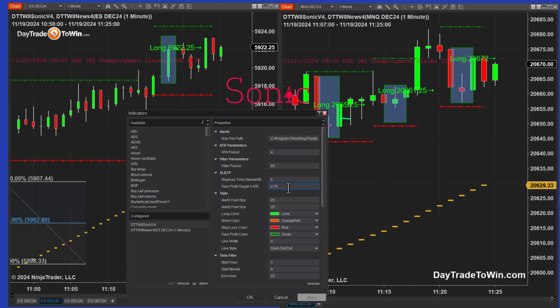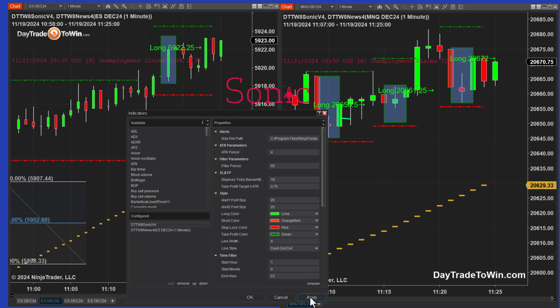The second thing is the stop loss ticks below or above. That's based on the box. I don't think that we have to change either of these settings for the most part. The 5 ticks is 5 ticks below this box, or below this box, or below this box. If I wanted a larger stop, which I don't recommend, I can do that.